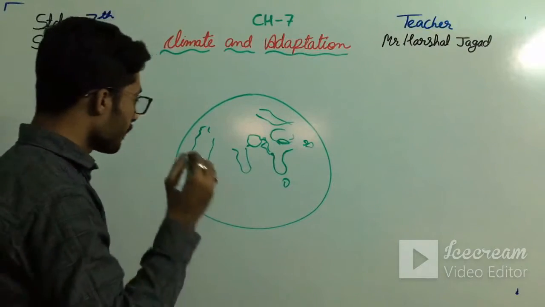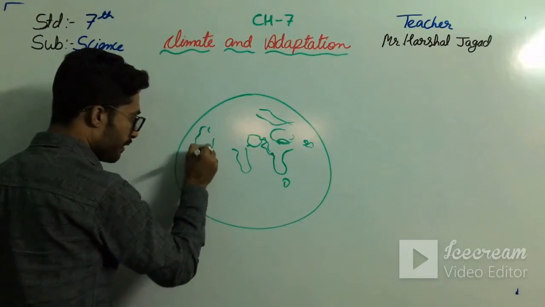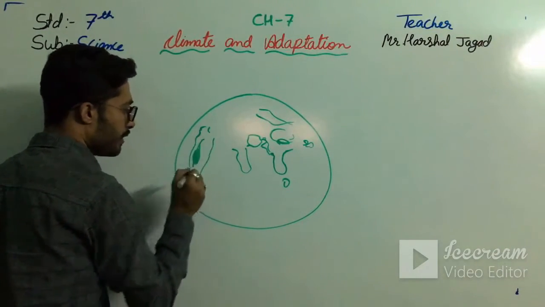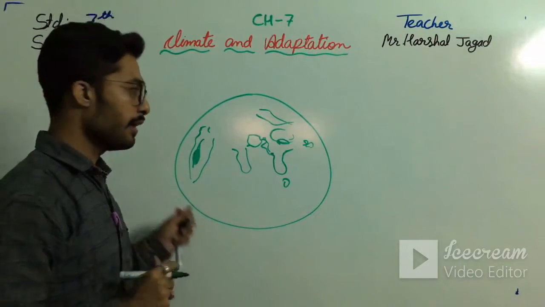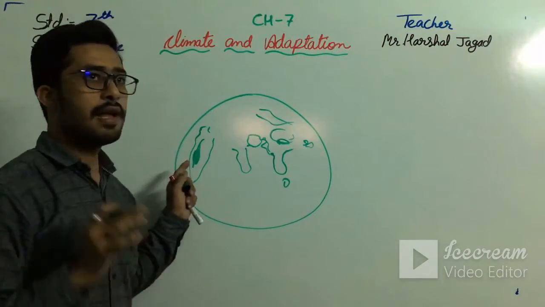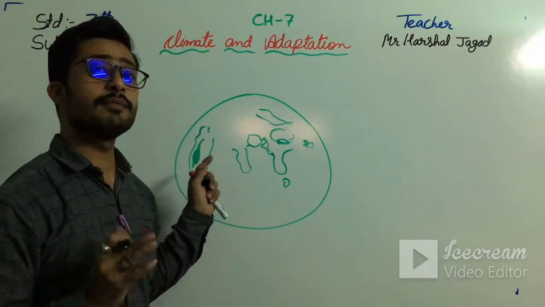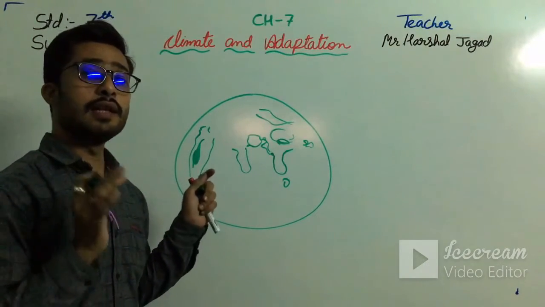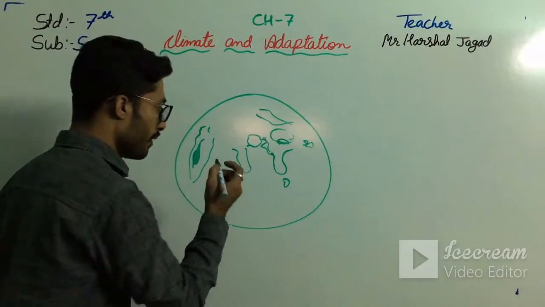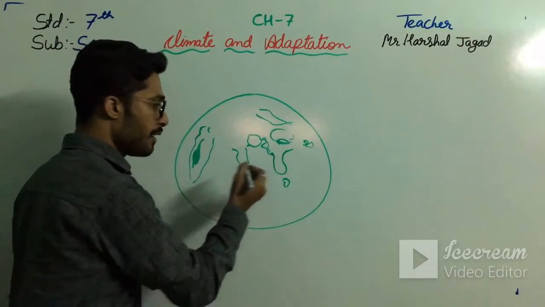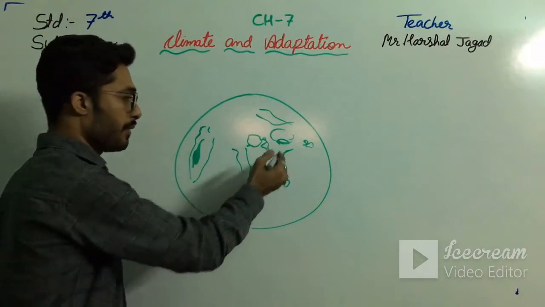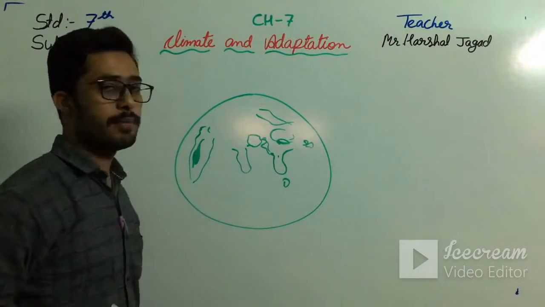What happens in this region? If summer starts here, some of the birds can live only in the winter season. So if here it is winter, then there it will be summer, and where it is summer, there it will be winter.